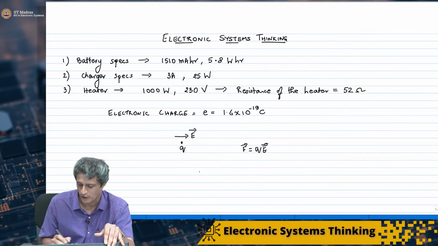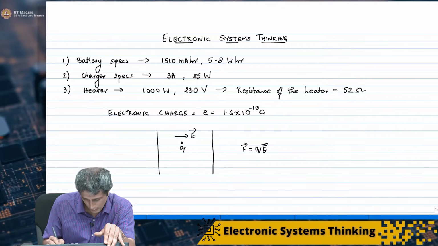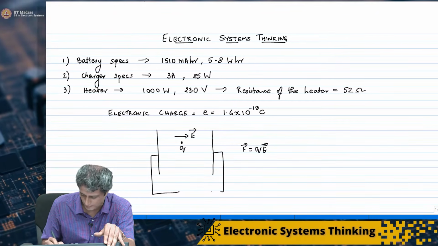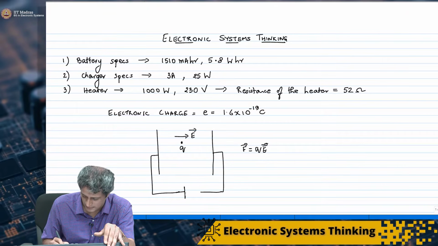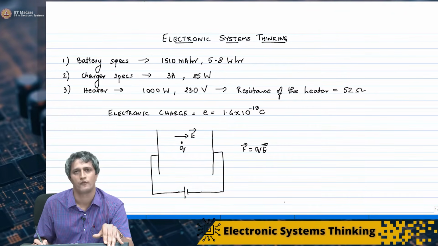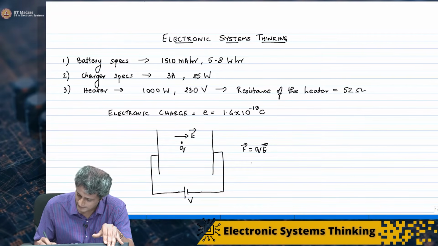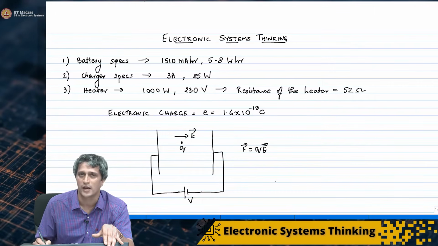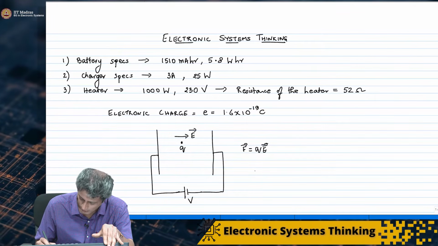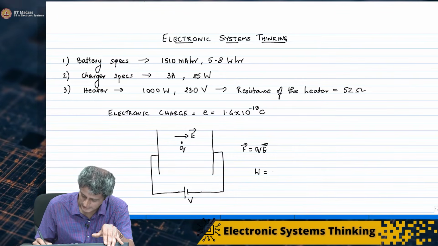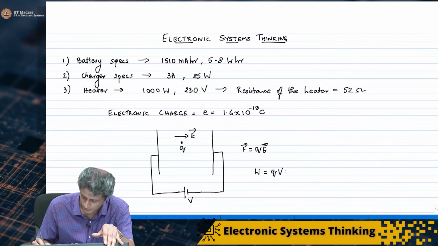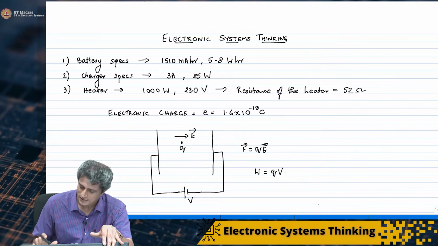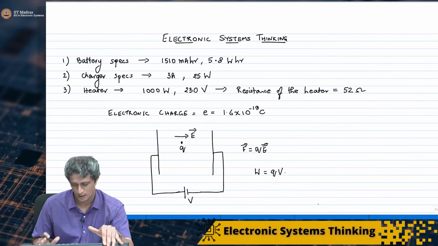And how does the electric field come? It comes because of a potential that can be applied across two terminals. Let's say we applied a potential of V. Then there is a certain work done in moving the charge from one end to the other, and that work is given by Q times V. These are things you remember from physics.